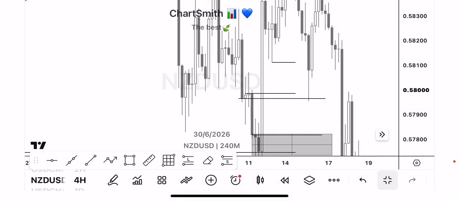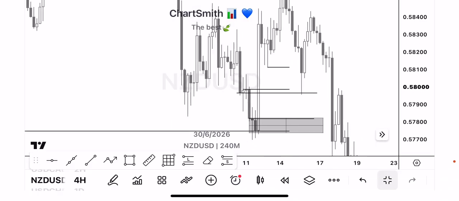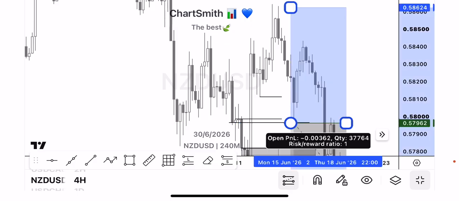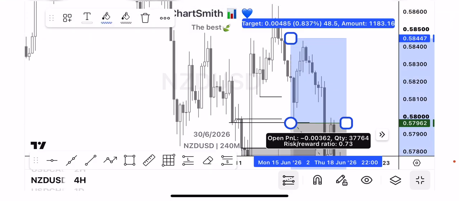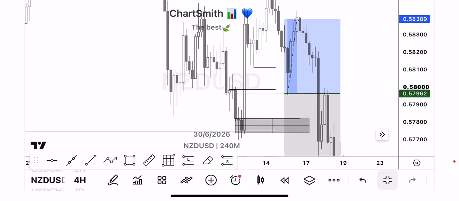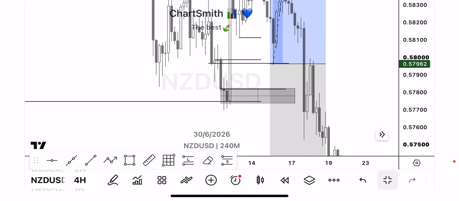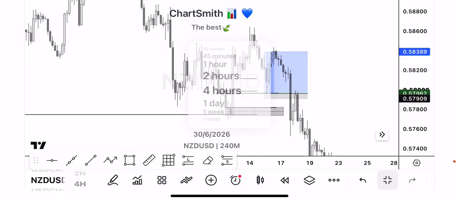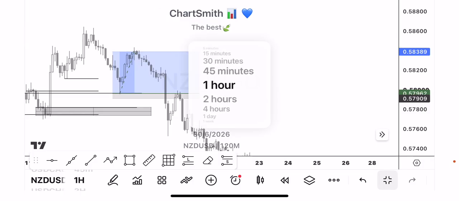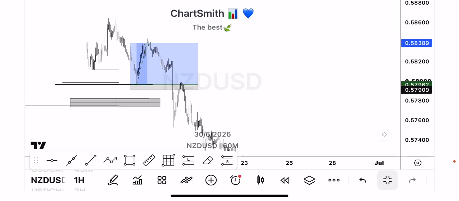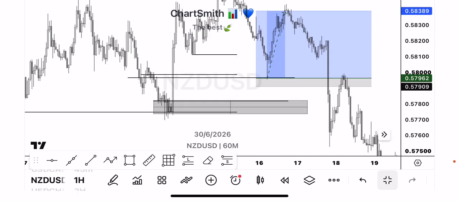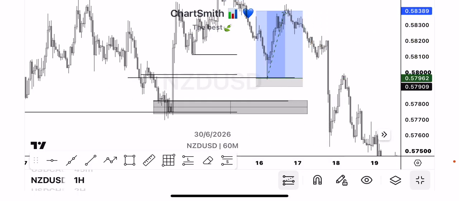So we took that to be our entry and placed our long position there. Now we may be wondering, how do we get our stop losses? If we go down to our 1-hour time frame, for our stop loss, there are significant positions that you can use.